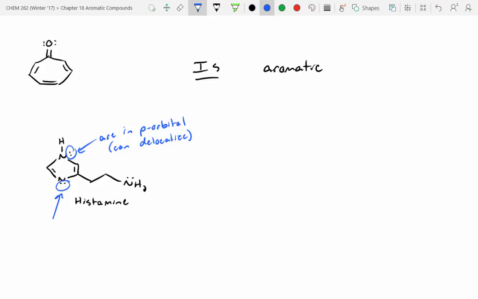These are in an sp2 lobe. You can't move them around with resonance without breaking a lot of rules. So in this case, these are not in a p orbital. So if we count the number of electrons in this ring system, how many are there? 6. So this would be considered aromatic, right? This is following all of the rules.